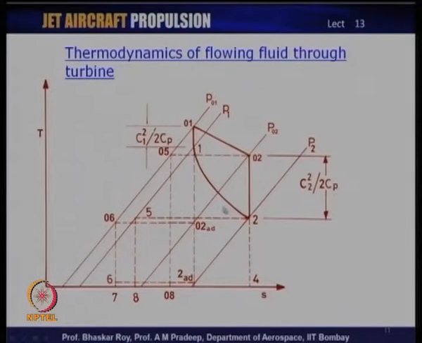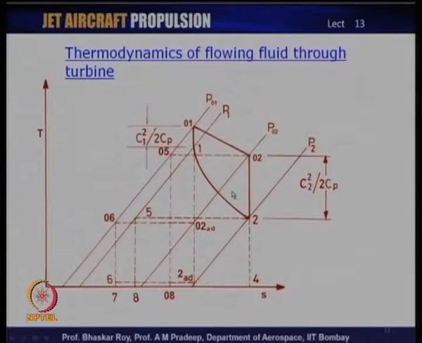If you look at this again on a TS diagram, now we have a turbine in which it is flowing from 1 to 2, but at station 1 it has a kinetic energy head of the order of C1 square by twice Cp. This is something you have done in your cycle analysis quite a lot. So, we will just use that straight away and say that it is going from station 1 to station 2.